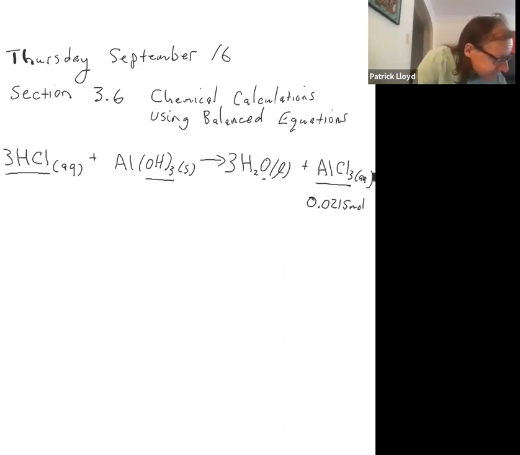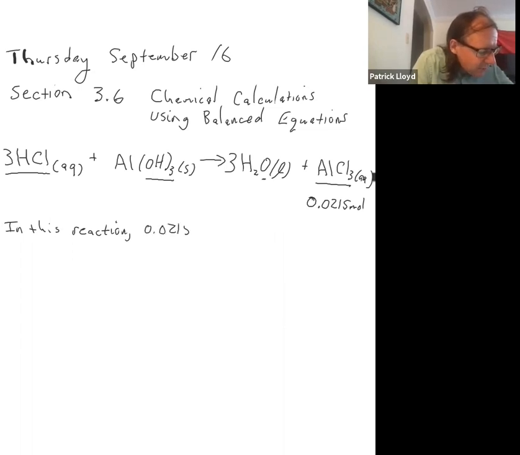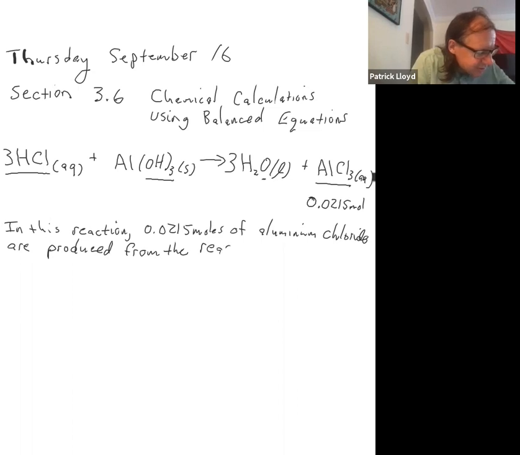So let's put this into words. In this reaction, 0.0215 moles of aluminum chloride are produced from the reaction of hydrochloric acid. That's the HCl.